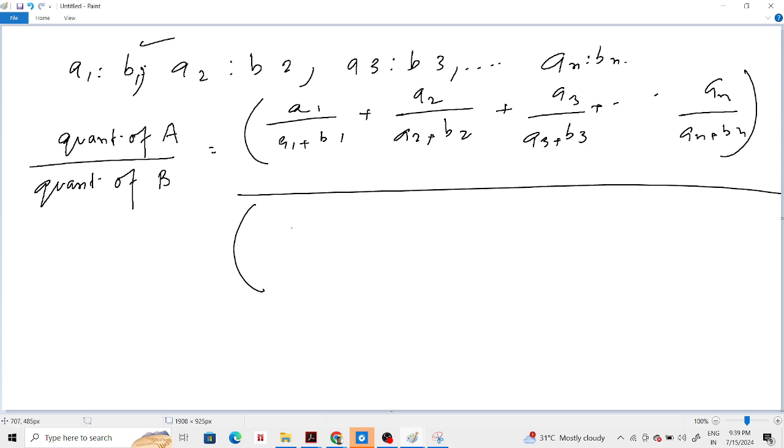Okay, and for the quantity of B, it is going to be B1 divided by A1 plus B1.